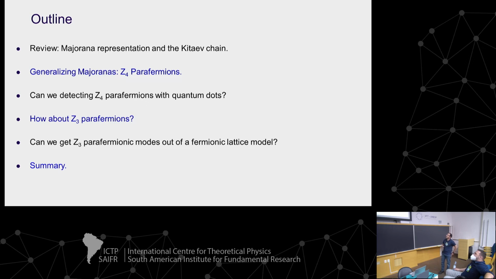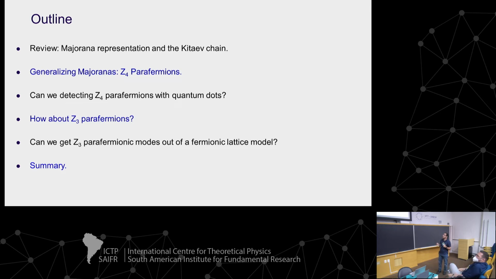And this is the outline of my talk. Since there are several students here, I'll take the first few minutes to do a brief review on Majoranas and the other Kitaev model that is different from the one that was mentioned before. And then I'll talk about what parafermions are, or what they have to do with Majoranas, and whether we can detect parafermions with some scheme, very similar to some earlier work we did for Majoranas.